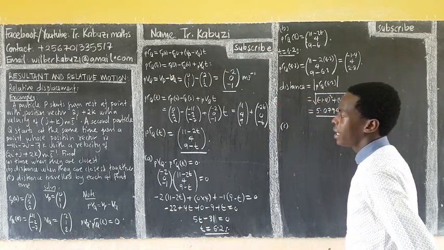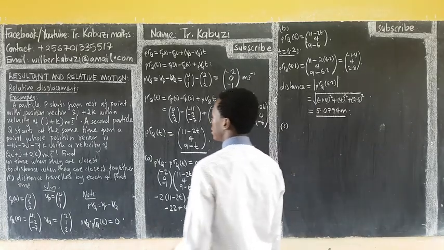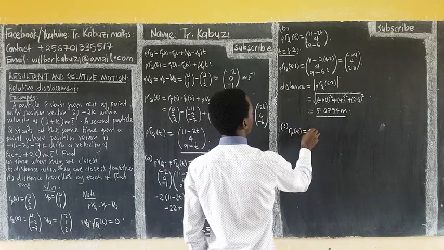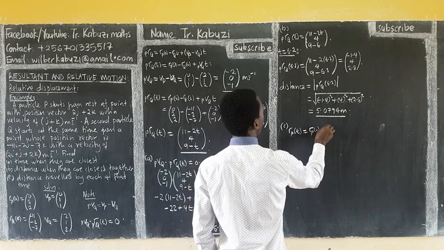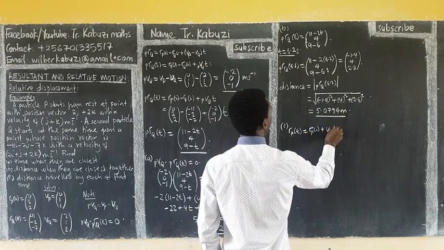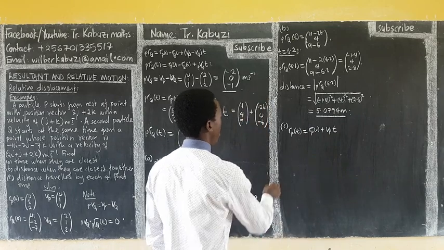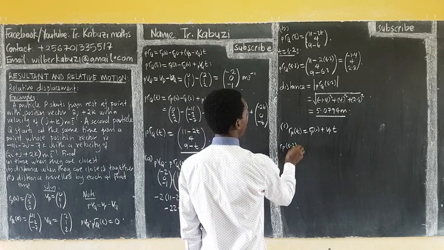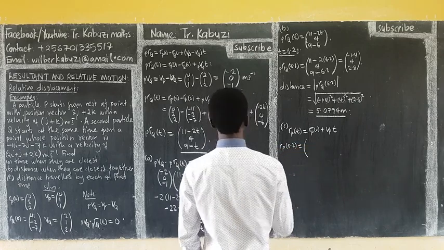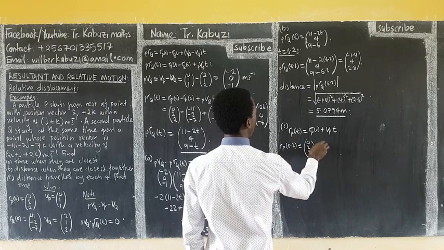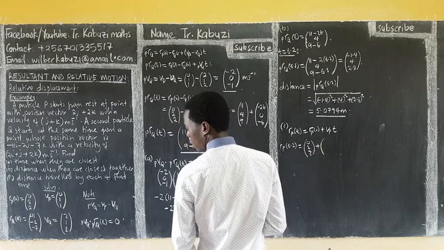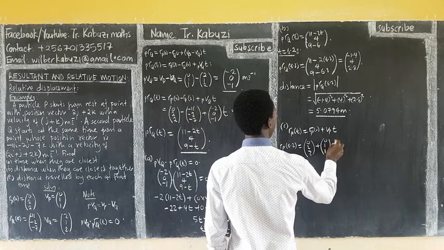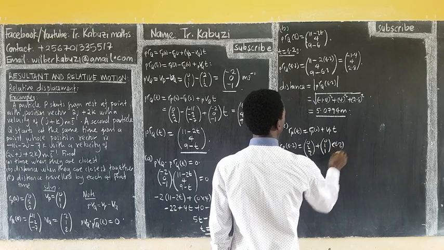Now the distance traveled by each at this time. Distance traveled by each means that we need to get R of P at any time. It's given by R of P initially plus the velocity of P times t. So our RP at 6.2 is the initial (0, 0, 2) plus the velocity of P, which is (0, 1, 1), times 6.2.